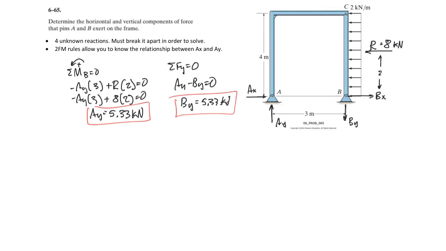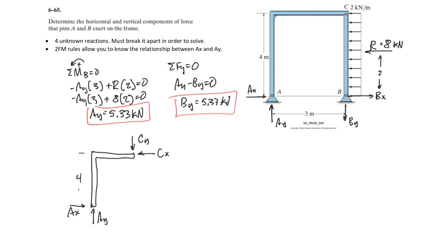So let's go ahead and break it apart and draw 2 free body diagrams. This one I'll draw over here. This will be the component here, the AC member. I know there's an AY and an AX, and there will be a CY and a CX.